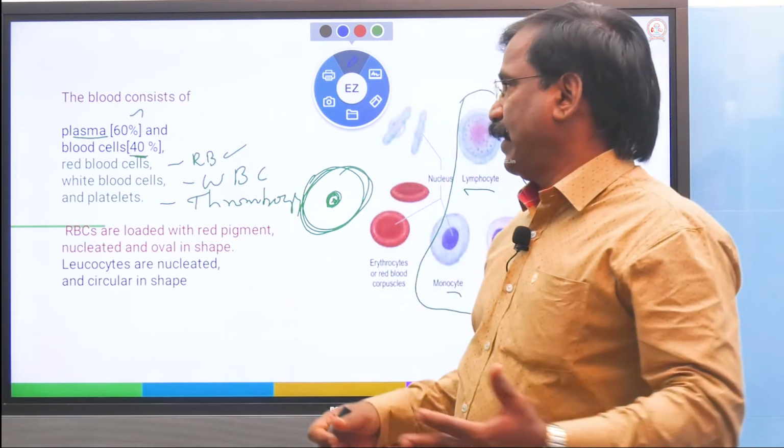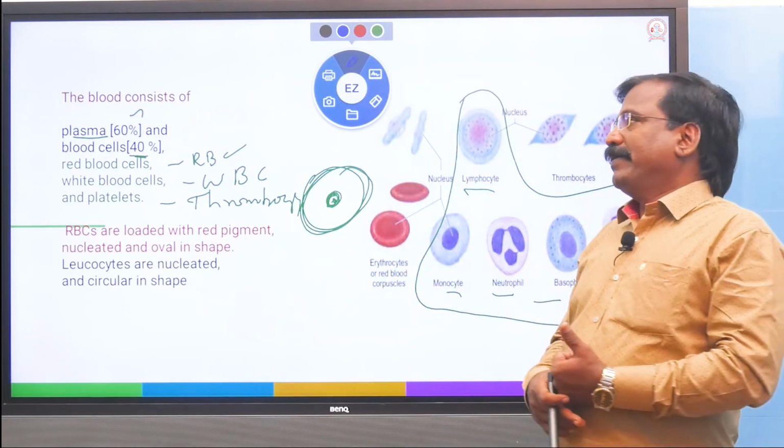So almost the cells in our body perform the same function, right?